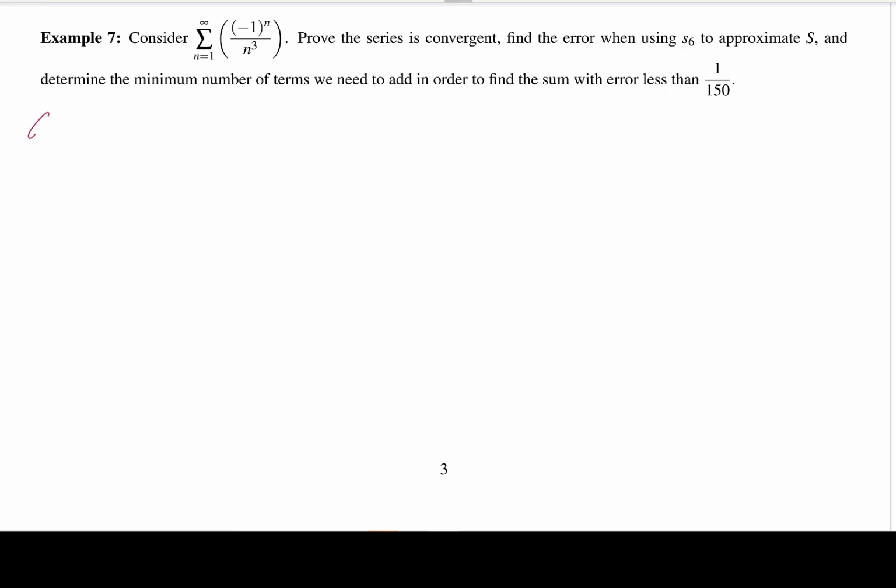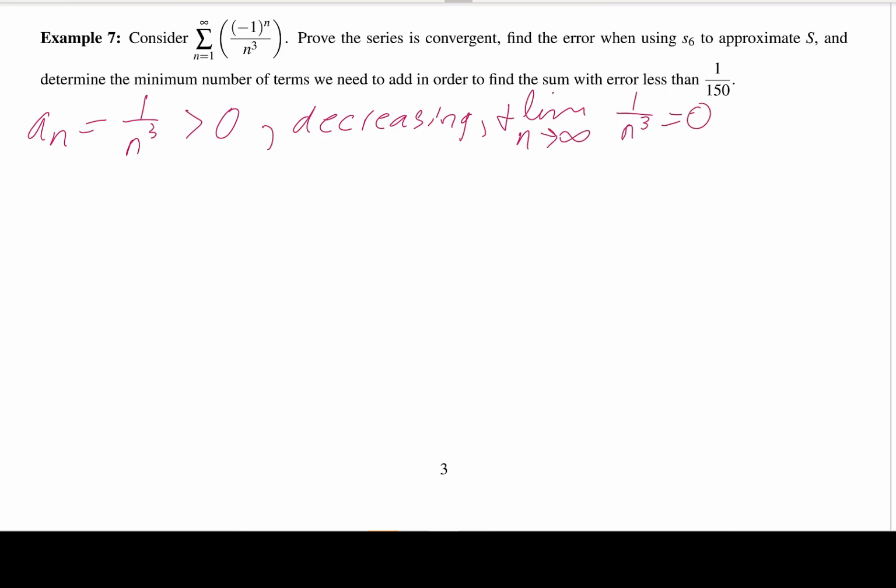Okay, so we've got a sub n is going to be 1 over n cubed. This is positive, definitely decreasing. And if we take the limit as n goes to infinity, we will certainly get 0. Right?